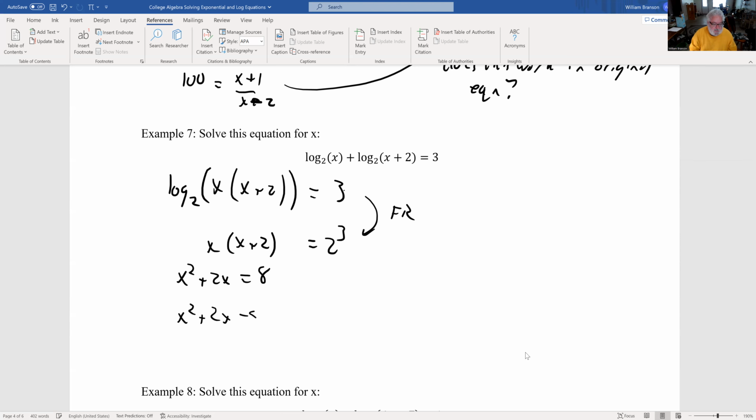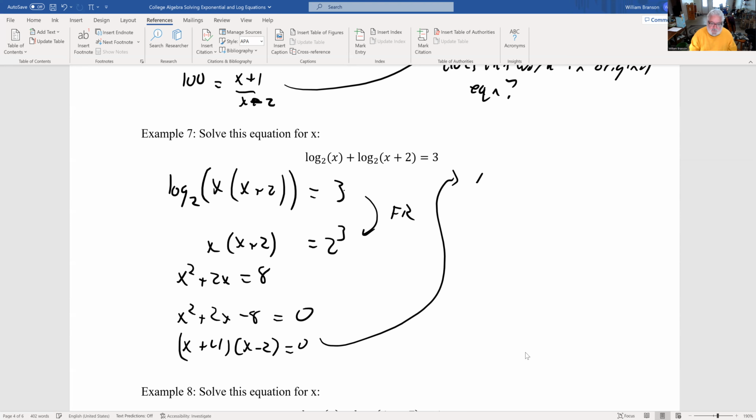And that's a nice little quadratic. You can factor that. That would be x plus 4 times x minus 2 equals 0. And that would suggest that our solutions are x equals minus 4 and x equals 2.